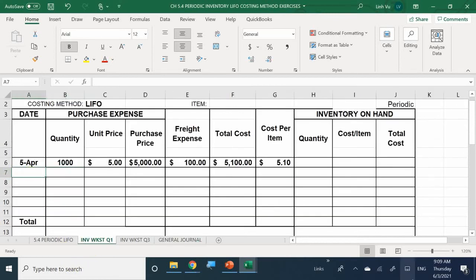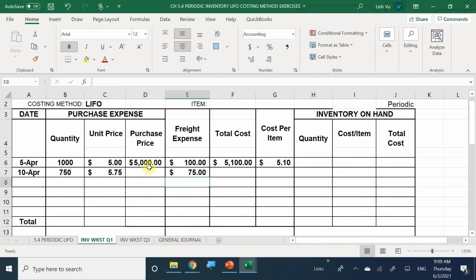So now let's plug in our numbers here. Here we have another batch, right? We know this is batch 2 because of the order we're placing it in, which tells us when we bought it. April 10. So we purchased 750 units at $5.75 with the freight of $75.